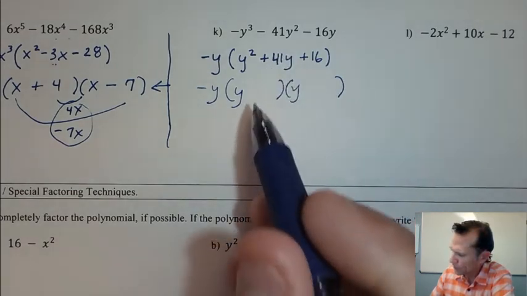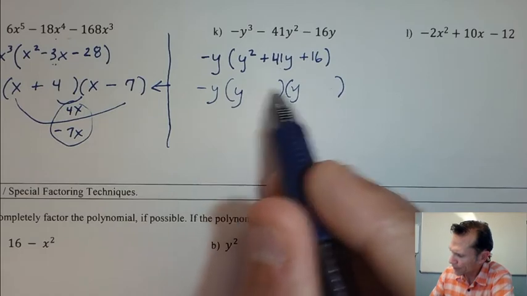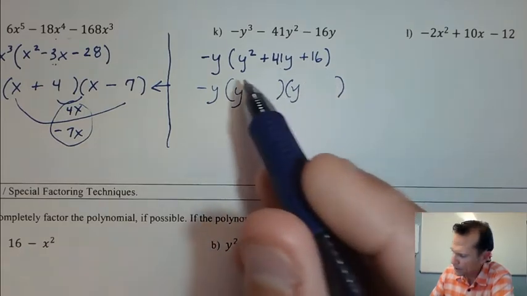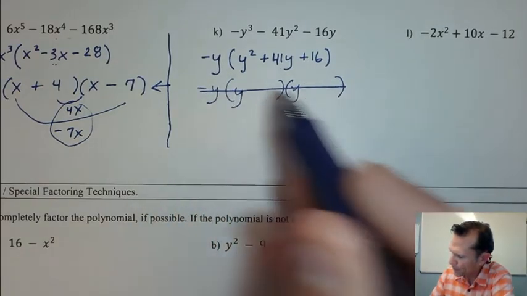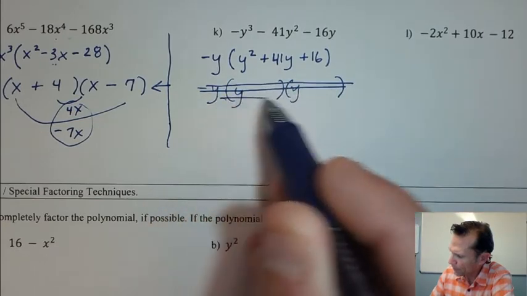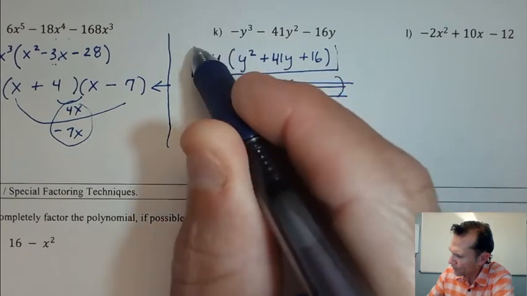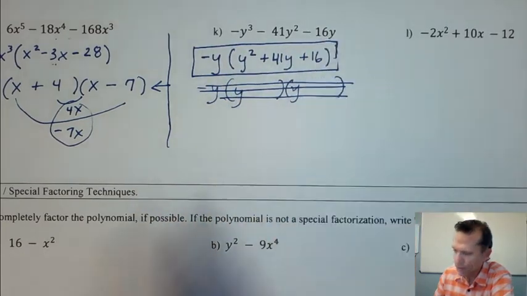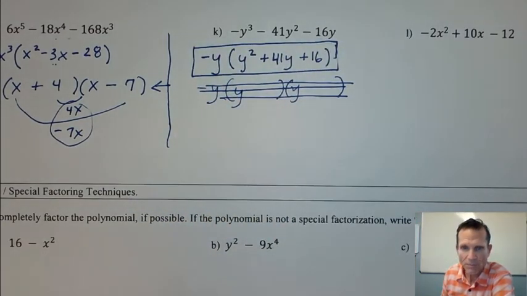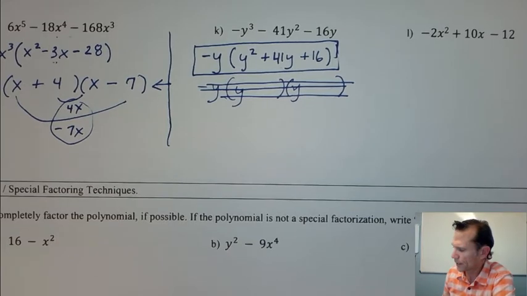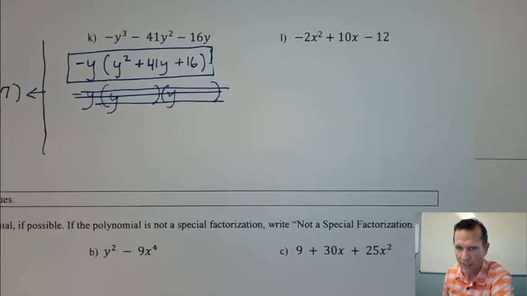You can try the different numbers to get you a 16, but at this point, we can't go any further with the problem, and this is the completely factored form of the given trinomial. We have to stop there. We could only factor a GCF.